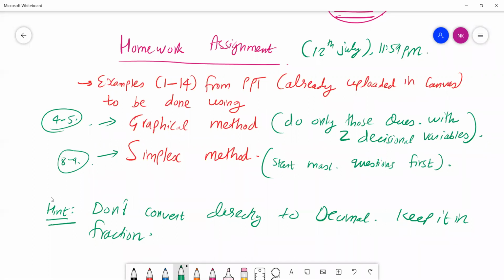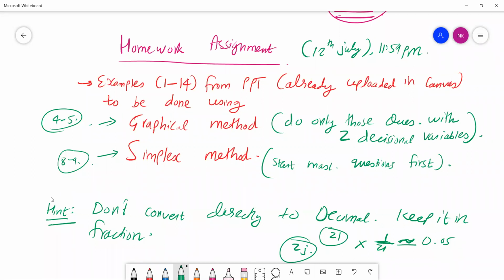For example, if you are having 1 by 21, then in converting this you will be writing something like 0.05. It's not exactly 0.05, it's approximate. So there is a chance that in the next iteration there is a term that is 21, suppose while doing the multiplication for zj, there might be the value corresponding to the unit to be 21.